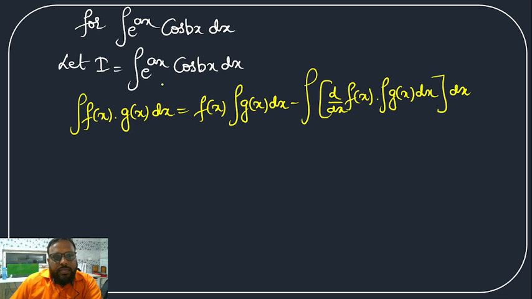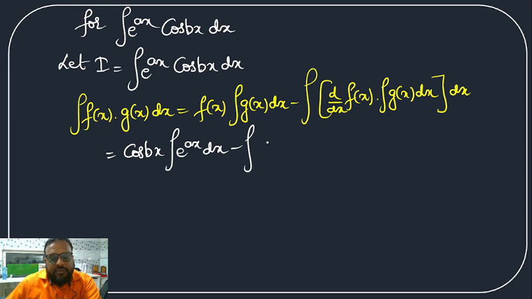Here cos bx becomes the first function and e to the power of ax becomes the second function. So it will be cos bx into integration of e to the power of ax dx minus integration of derivative of cos bx into integration of e to the power of ax dx whole dx.